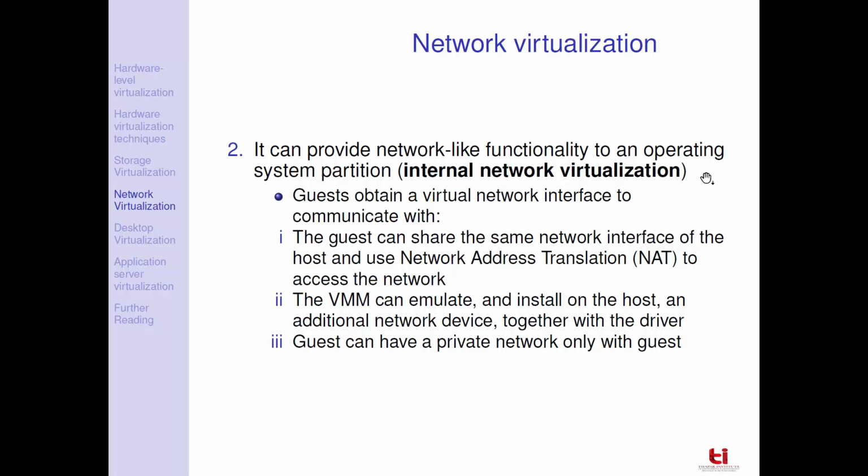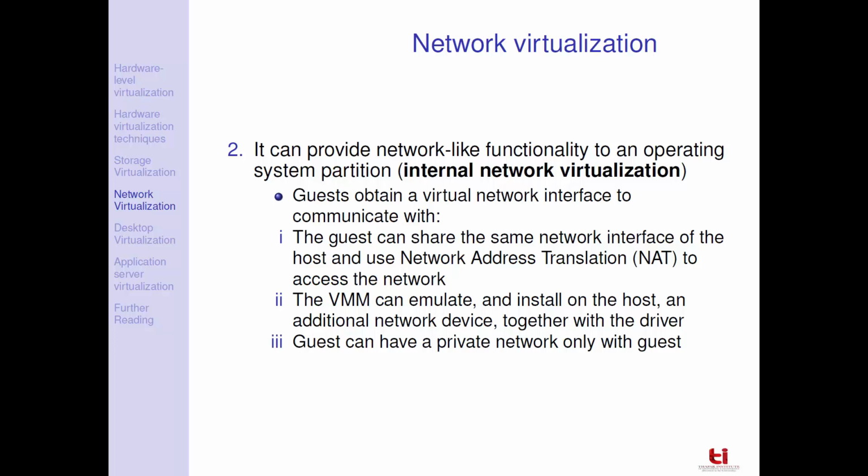In internal network virtualization, a guest can obtain a virtual network interface to communicate with other guests via three methods. One is through network address translation. They can share the same network interface of the host. So the host has an IP address, let's say a public IP address.